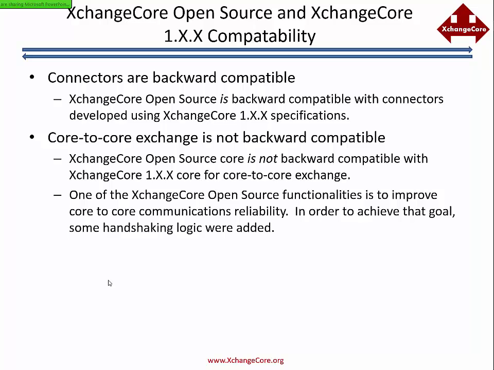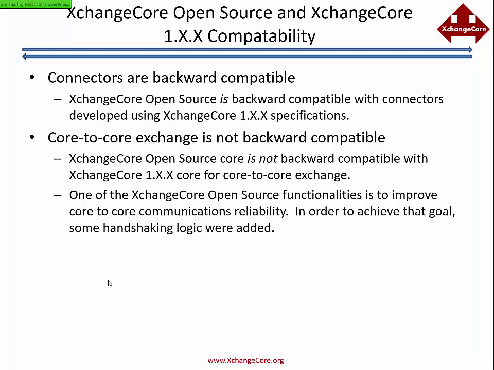Okay, so now having said all that, XchangeCore Open Source is new. There are two important components to compatibility. The first one is that everything that every company or government agency has written in writing a connector to XchangeCore is backward compatible.